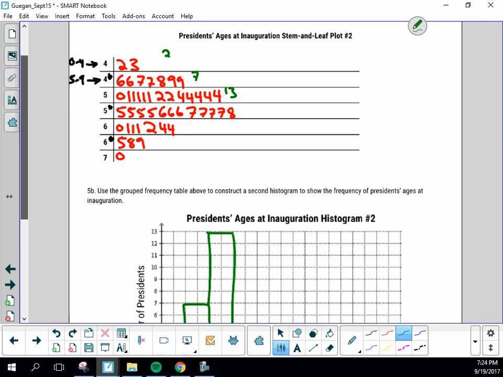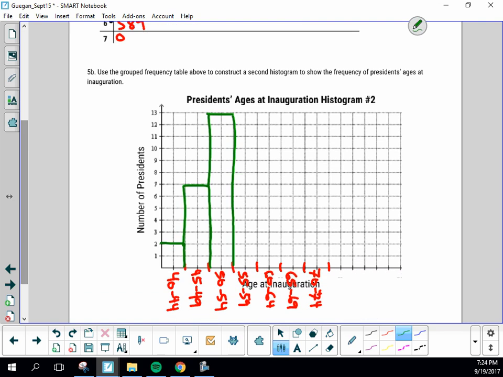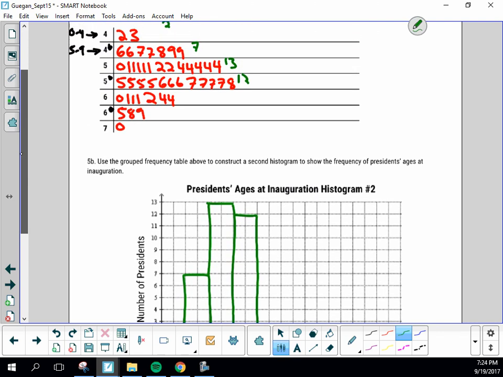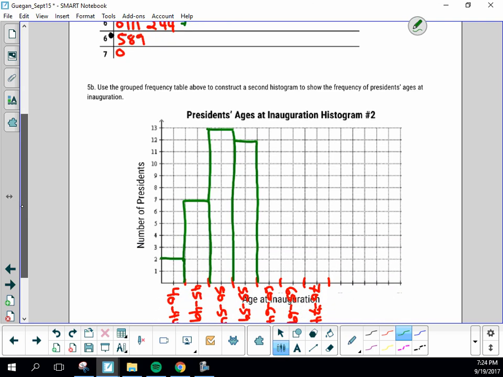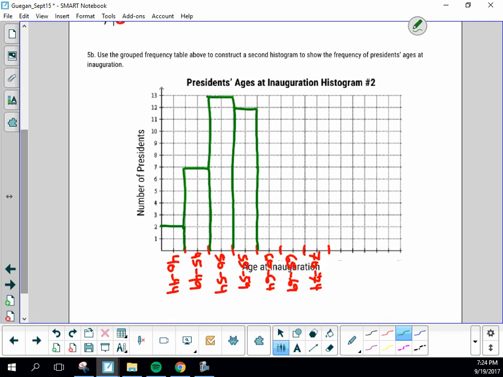Then we have 1, 2, 3, 4, 5, 6, 7, 8, 9, 10, 11, 12 for 55 to 59. Just like that. And from 60 to 64, we have 1, 2, 3, 4, 5, 6, 7. Go back down here, should have 7.